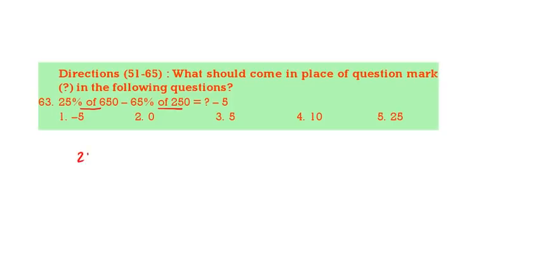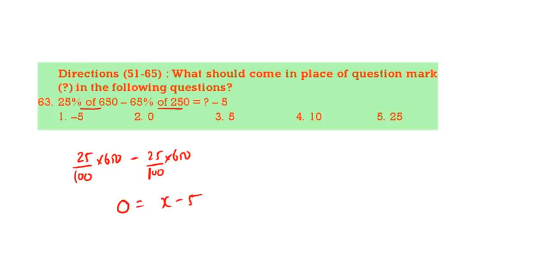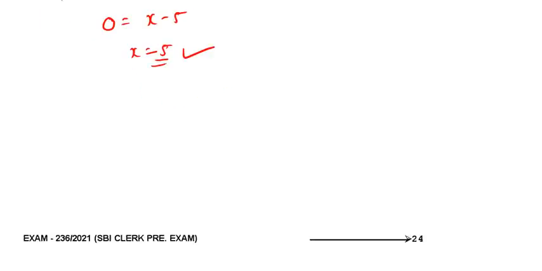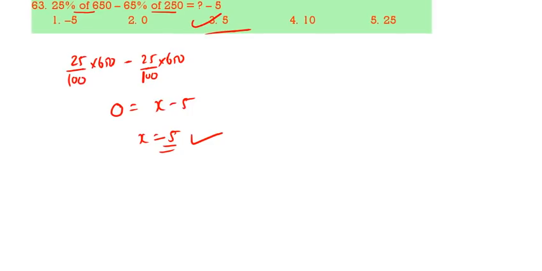Both are same. So we can take 25% of 650 minus 65% of 250 can be written as 25% of 650. So this is nothing but 0. 0 is equal to x minus 5. X value will be equal to 5. 3 is the correct answer. Next question.